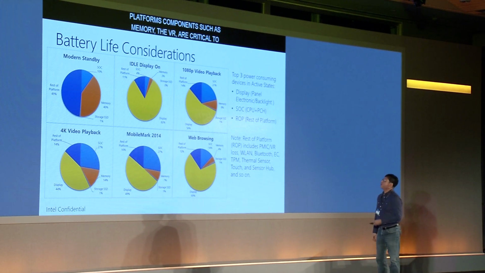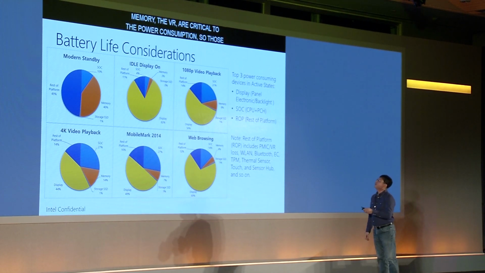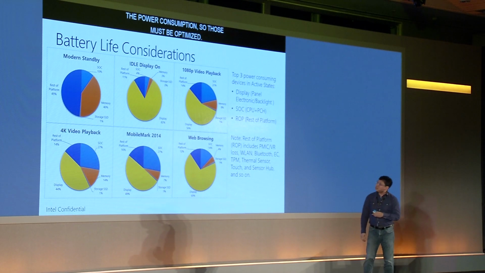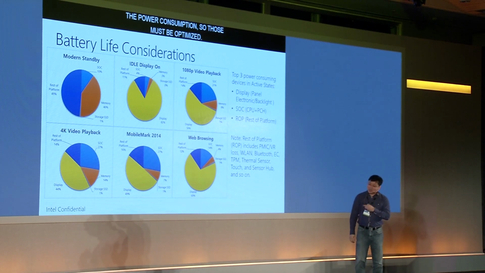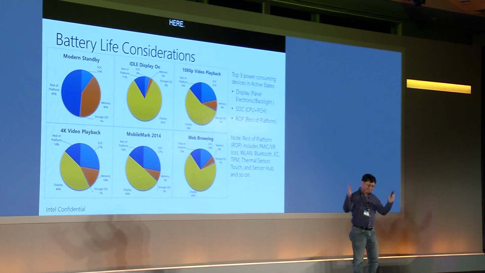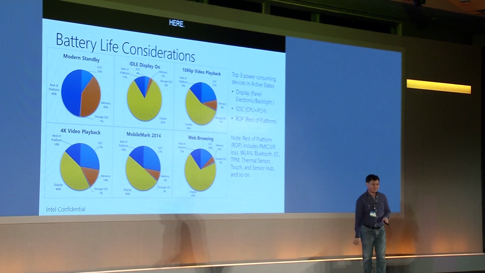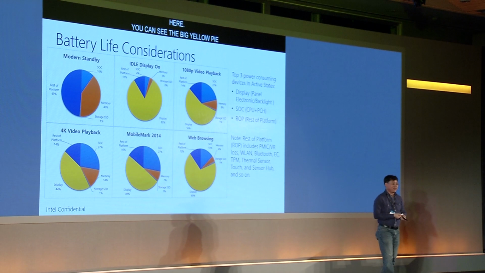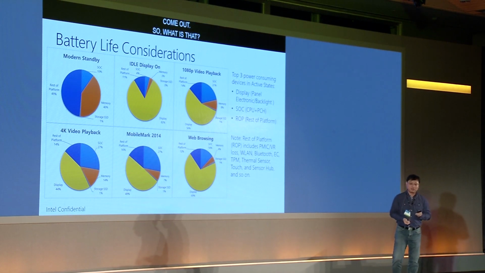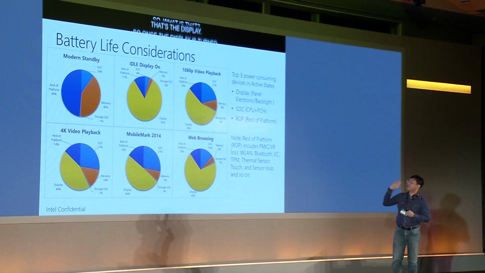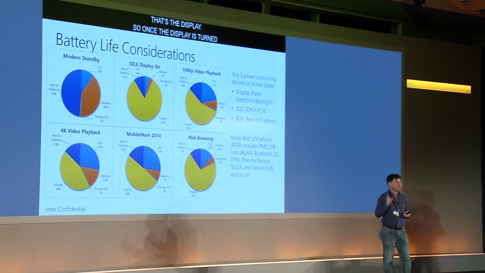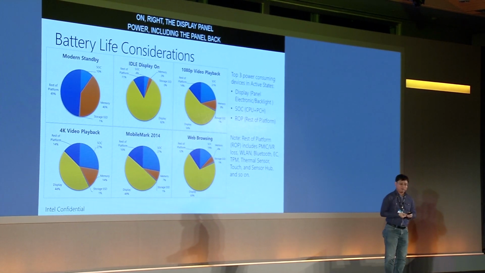And for the active mode over here, you can see the big yellow pie come out. So what is that? That is the display. Once the display has turned on, the display panel power, including the panel backlight as well as the panel electronics, becomes the number one power consumption component in the device.